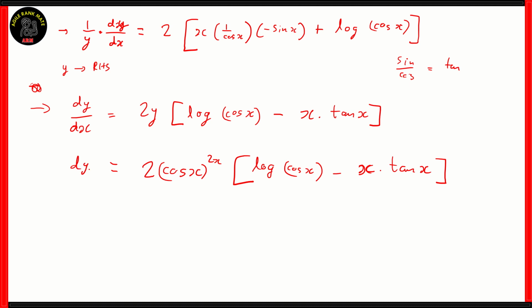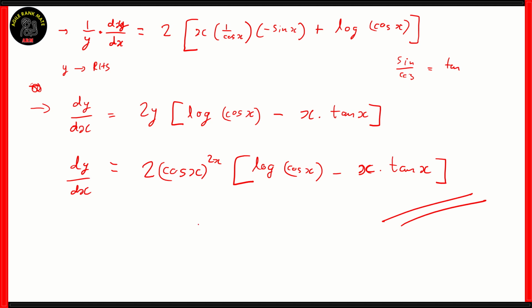So dy by dx in the end is equal to 2 cos x raised to 2x times log of cos x minus x tan x.